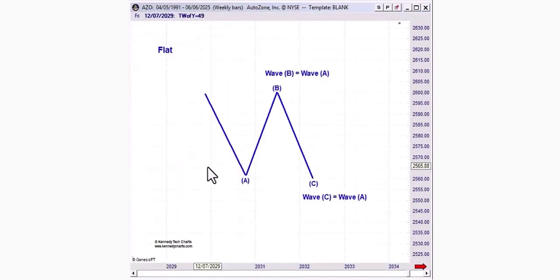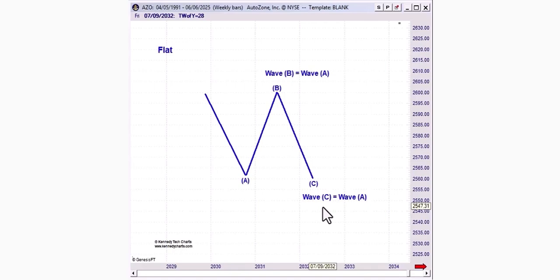Okay, now, as far as the relationships we see within a flat correction, very simple, very basic, basically equality. We're looking for wave B to equal the length of wave A, and we're looking for wave C to equal the length of wave A as well. You might remember from last week's lesson, we looked at very specific Fibonacci relationships that you tend to encounter within a zigzag.